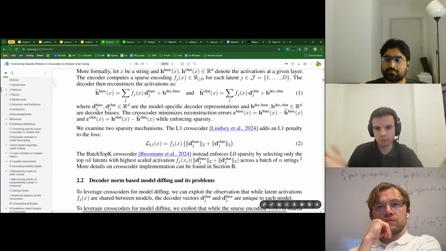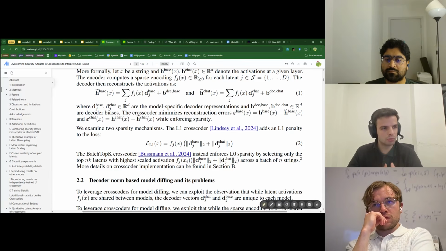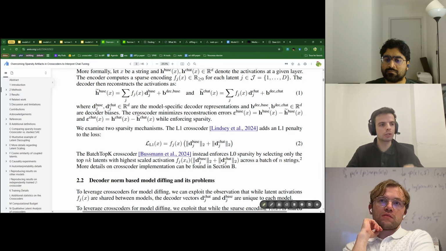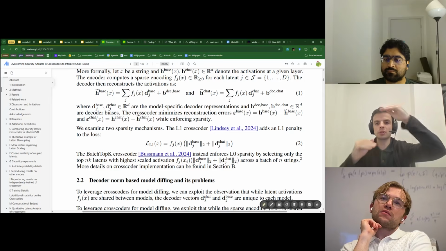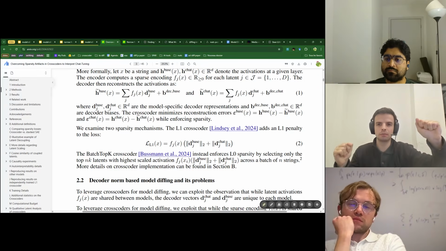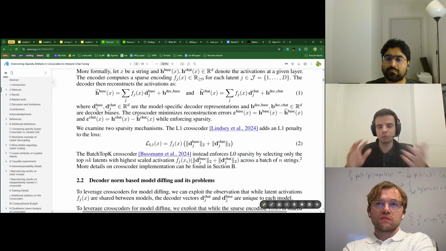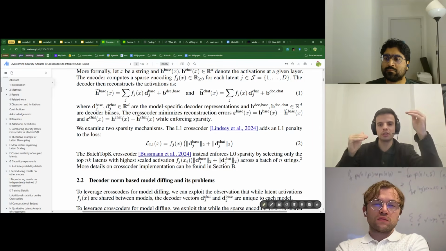With TopK, you take your activation, you take the top 100 features that are the most active, and you use only those to reconstruct the activation. So you don't have any weird optimization pressure. You just enforce it.